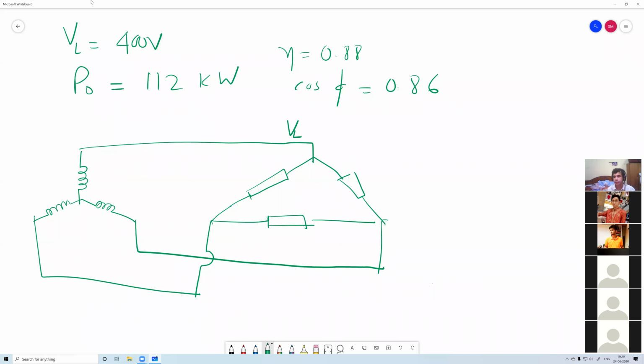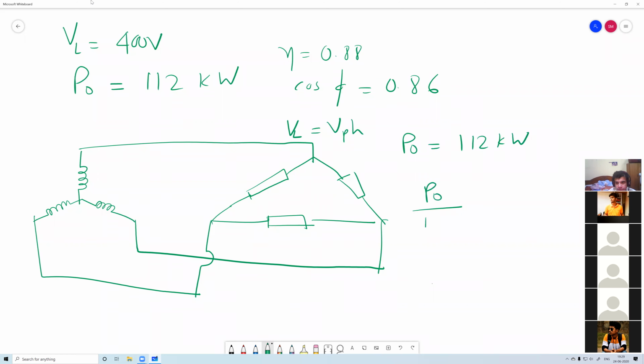Now for delta connection, we had seen that V_L is same as V phase. Now what is given to us? P out is 112 kilowatts. Now what Amit rightly said, P out by P in is 0.88.